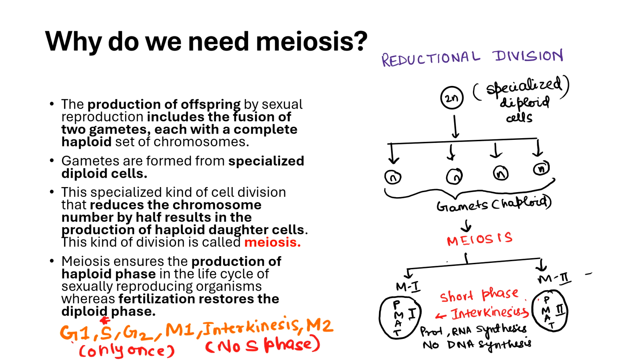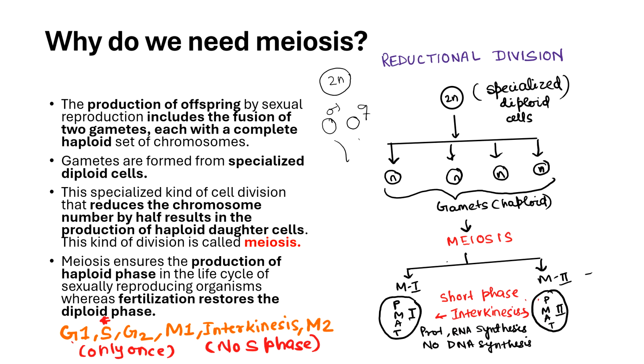To make it more clear, let us consider an organism which has the chromosome number of 2n. We get one set of chromosomes from the male parent and another set from the female parent. So how do we combine them?